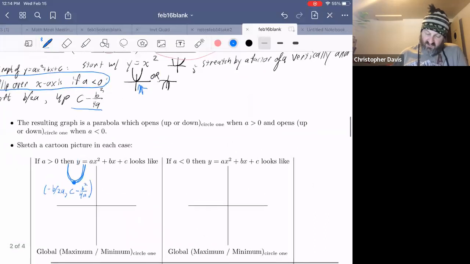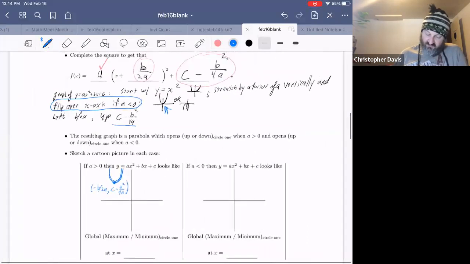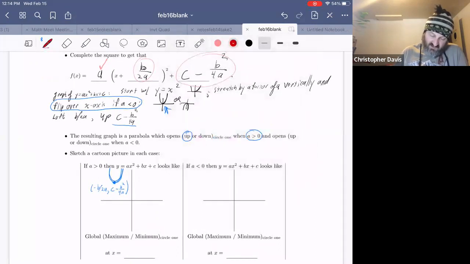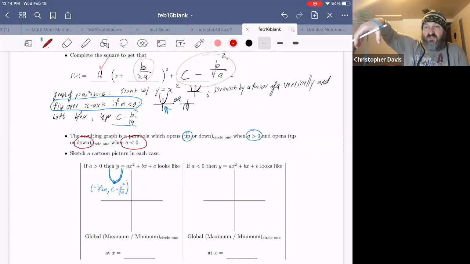On the other hand, if a happens to be less than 0, okay, so let's address this bullet point. The resulting graph is a parabola which opens up when a is bigger than 0 and opens, let's color code, down when a is less than 0. So when a is less than 0, we'll see a downward opening parabola, something like this.